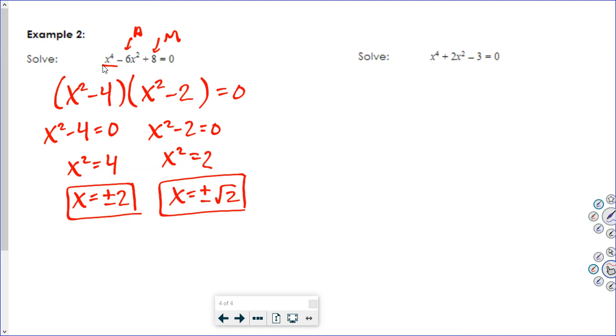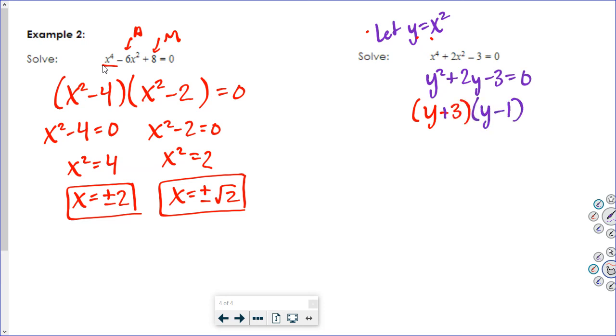Okay, so I'm going to let y equal x squared. So I'm going to use some substitution here. So this is going to become y squared plus 2y minus 3. And then I can go ahead and factor this to be y plus 3, y minus 1, because again, I'm looking for what multiplies to give me negative 3, but adds to give me a positive 2.